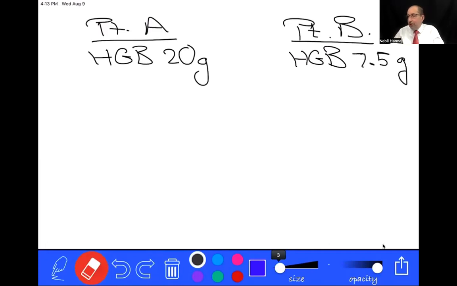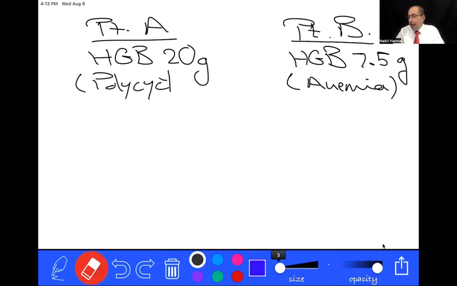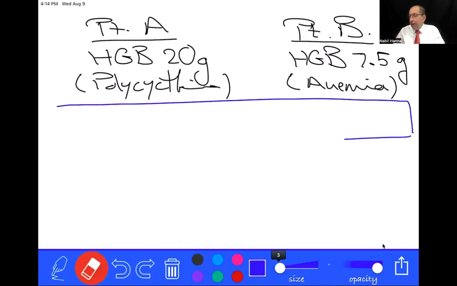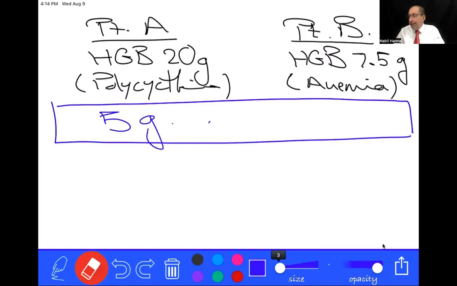So obviously patient B has severe anemia and patient A has polycythemia. Cyanosis will occur in both when both have 5 grams of desaturated hemoglobin.